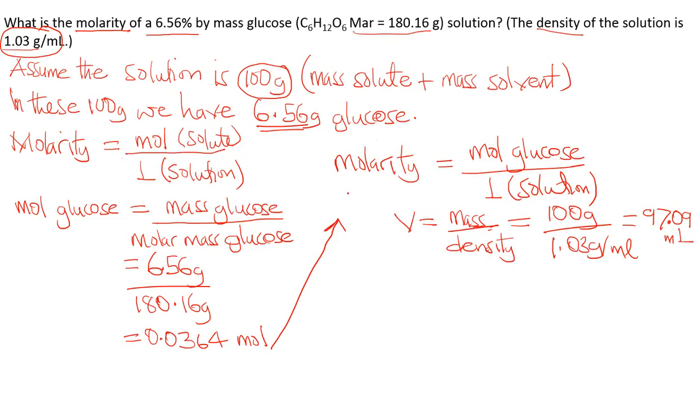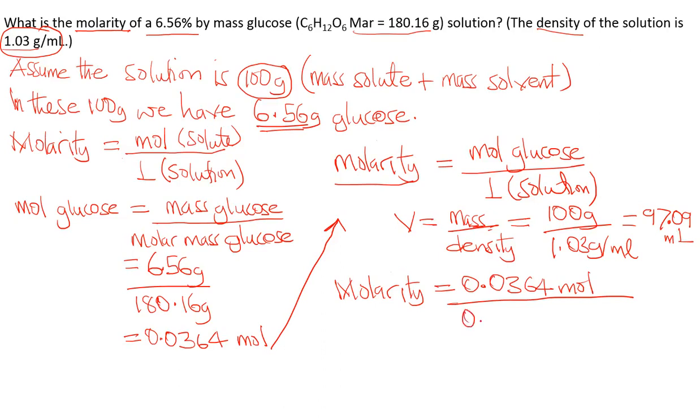So molarity is given by the moles that we found here, 0.0364 mole, and if we change 97.09 milliliters to liters, it will be 0.09709 liter.